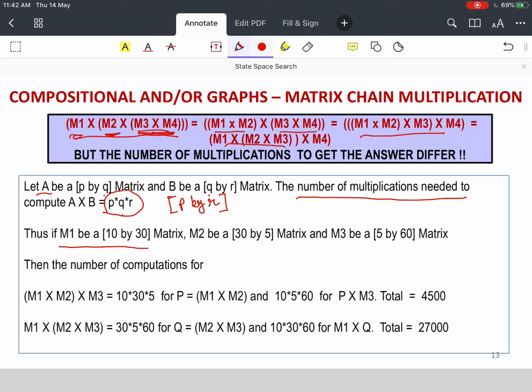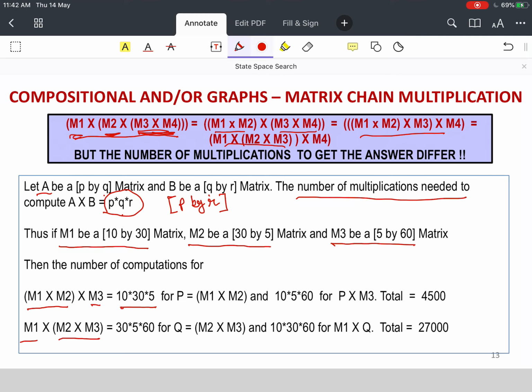Now let us look at 3 matrices, M1 10 by 30, M2 30 by 5, and M3 5 by 60. Now they can be multiplied in two ways. I can first multiply M1, M2 and multiply the result, or I can multiply M2, M3 and multiply the result. So if I multiply M1, M2, because it's 10 by 30 and 30 by 5, I need 10 into 30 into 5 for M1, M2.